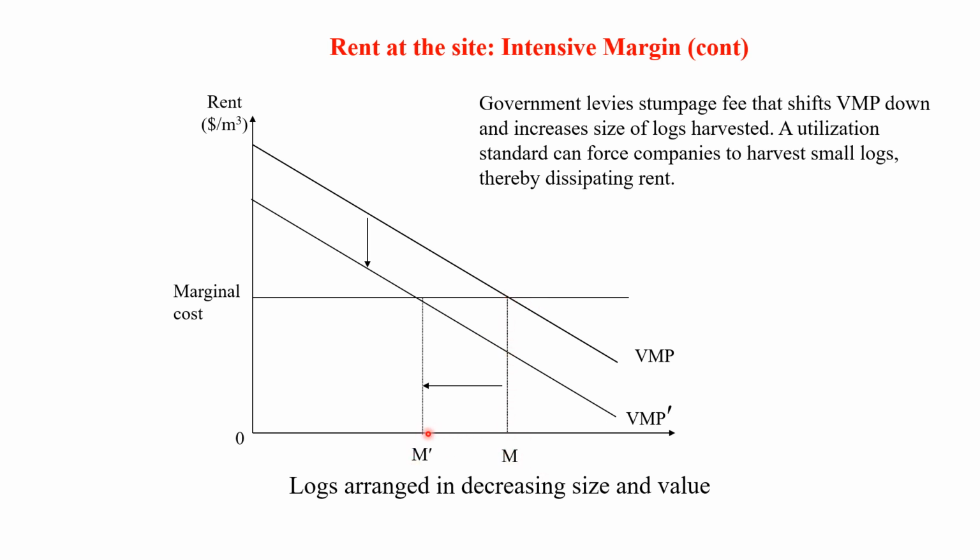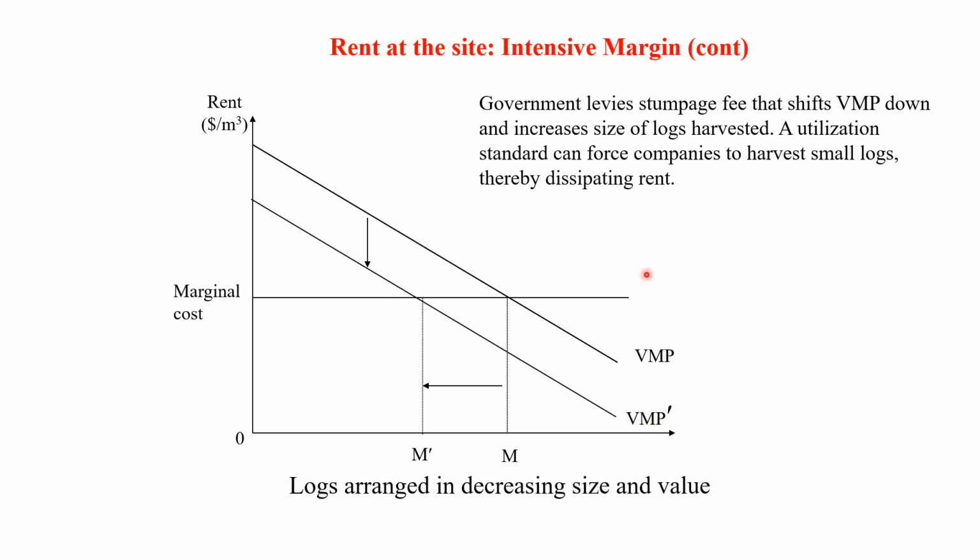We reduce the amount of logs that are harvested, and we leave on the ground logs that are smaller in size than those at M prime. Remember, we've got logs decreasing in size and value as we move from left to right. So the value of marginal product curve shifts down to VMP prime.